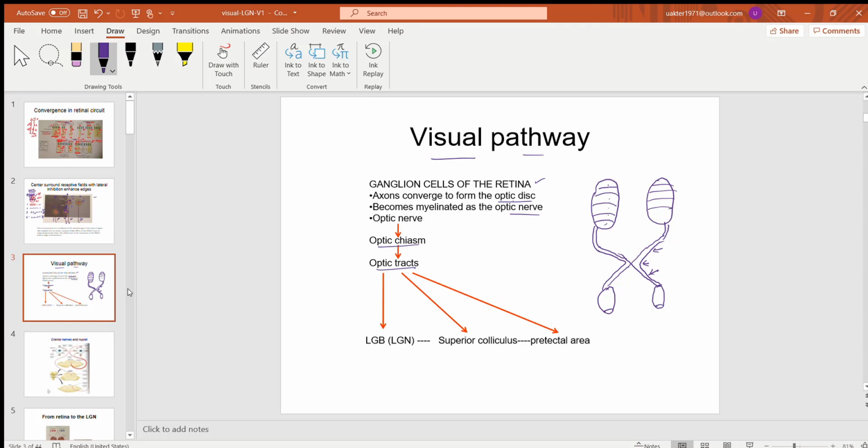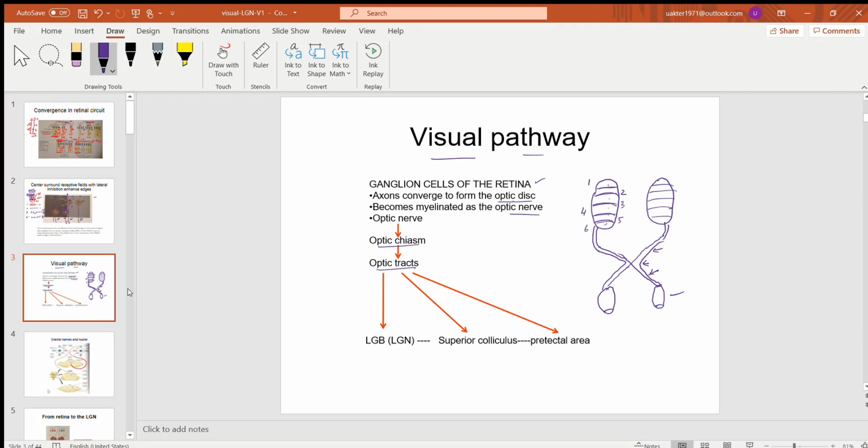Okay, and layers 1, 4, and 6 get signal from the contralateral, that means the opposite eye, and 2, 3, and 5 receive signal from the ipsilateral. Okay, so the input from the 2 eyes is kept separated in the lateral geniculate nucleus, right?